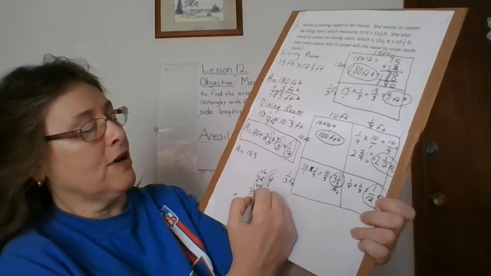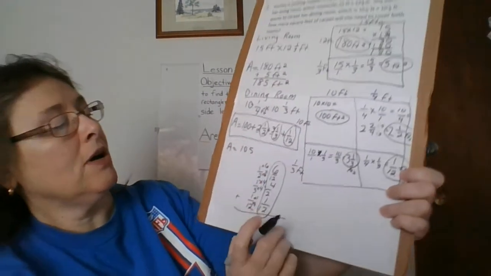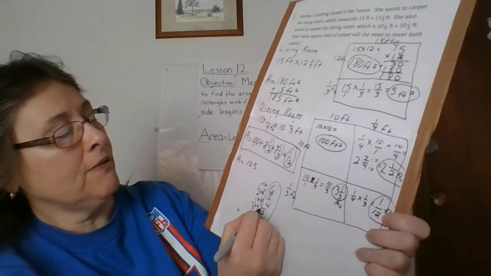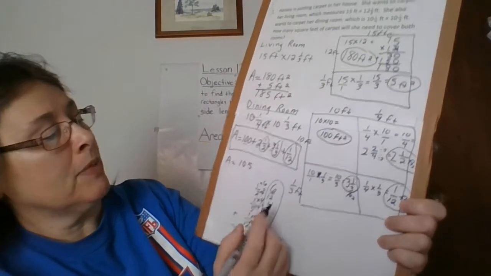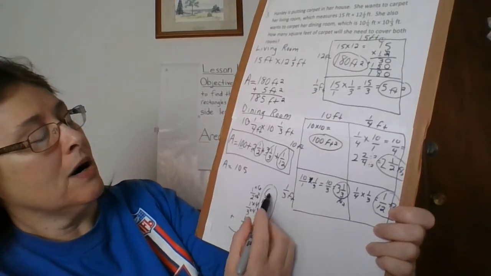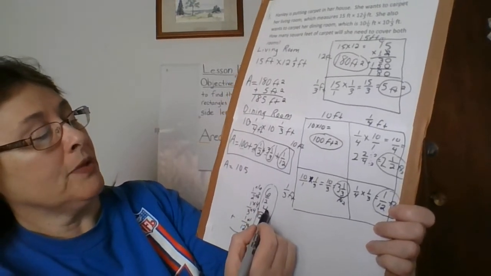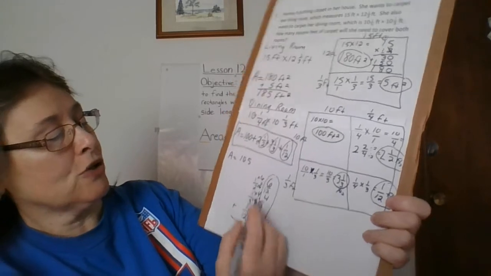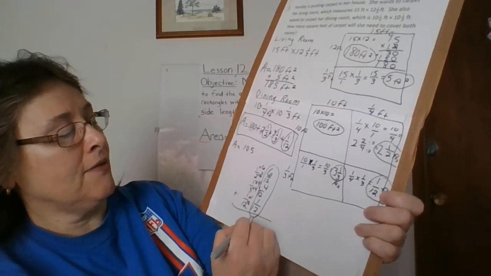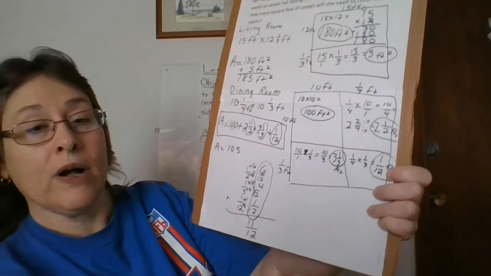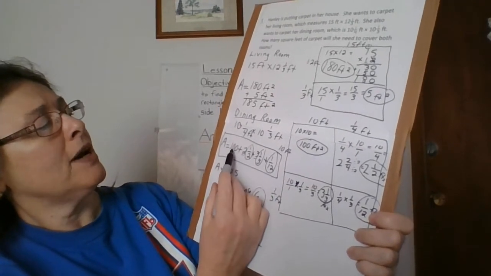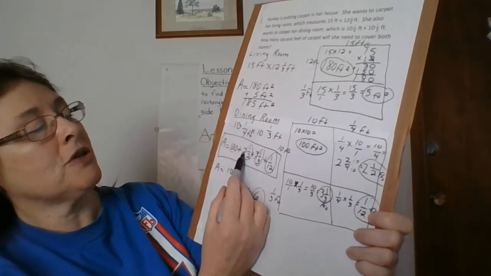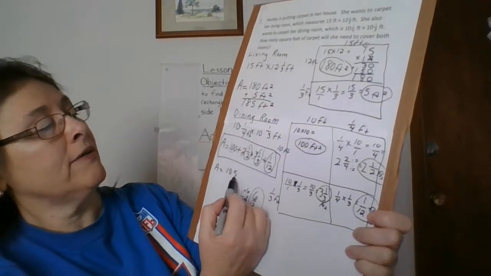So now I have equivalent fractions. They all have the denominator of 12. And because they all have the same denominator, now I can add them up. So now I have 4. 6 plus 4 is 10, and 10 plus 1 is 11. So I have 11/12. So when I add my whole numbers together, I have 100 plus 2 is 102, plus 3 is 105.